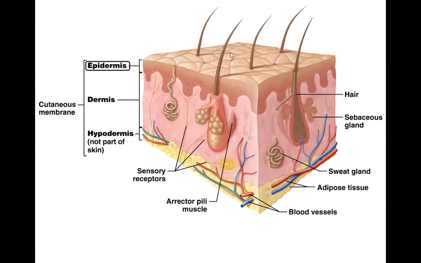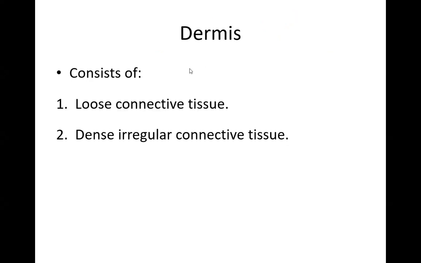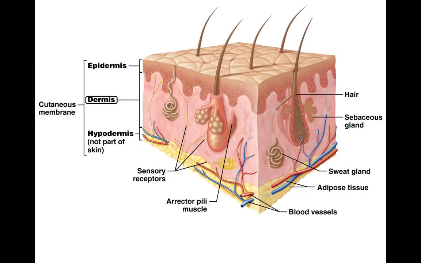So the dermis is the layer that consists of loose connective tissue and dense irregular connective tissue. Loose connective tissue and dense irregular connective tissue. That's the dermis.